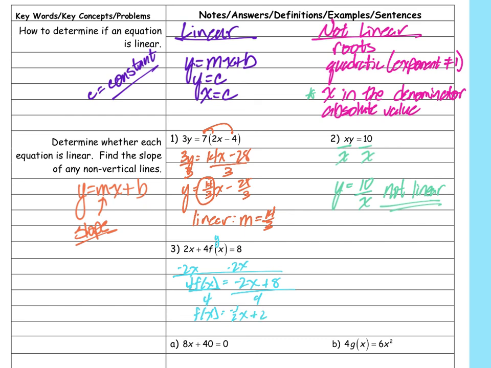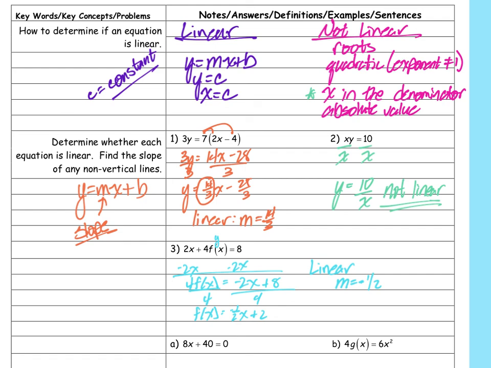Linear or not linear? Linear, nice. Okay, and since it's linear, what's my slope? Negative 1/2, very good.